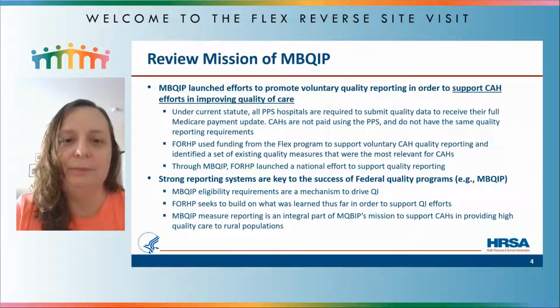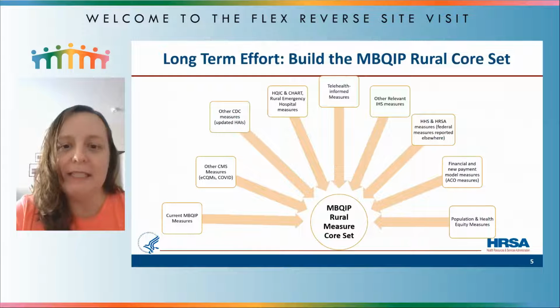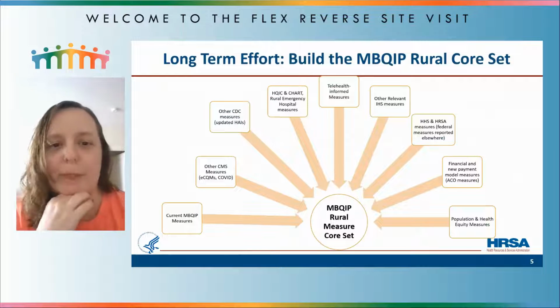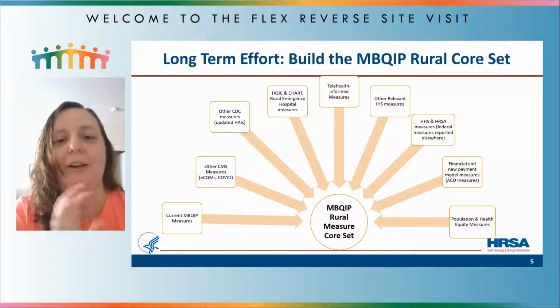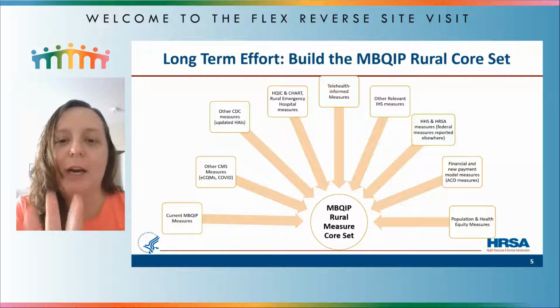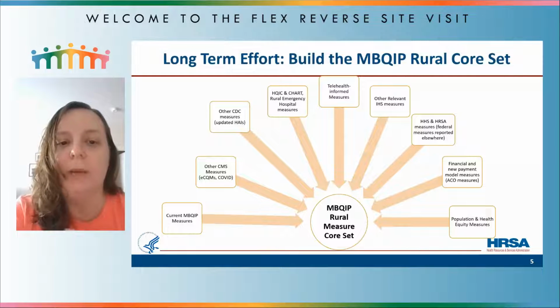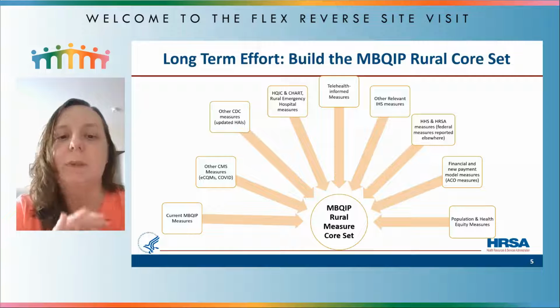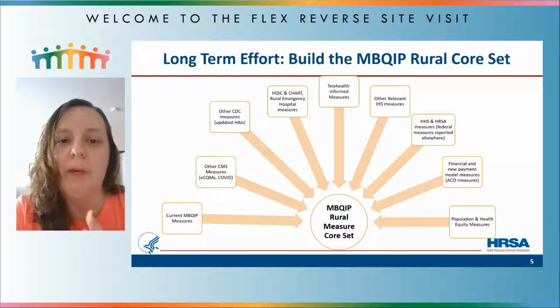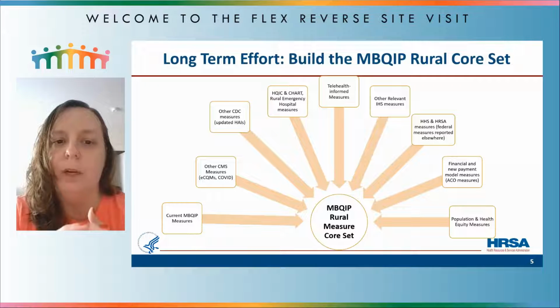Next slide, please. And you can see, this is why I love Natalia's presentations. Natalia did a lot of work to put this together. But you can see how much goes into what happens with this rural measure core set, right? It's not just current MBQIP measures like we have. Natalia's been doing a lot of work with other CMS measures, the eCQMs, COVID measures.